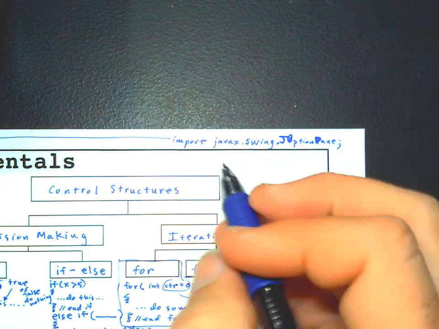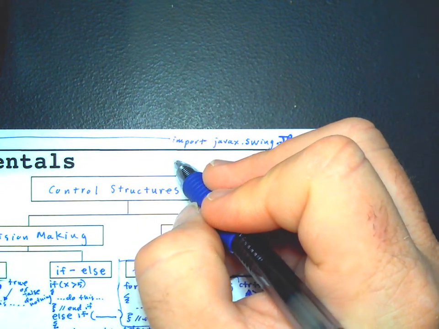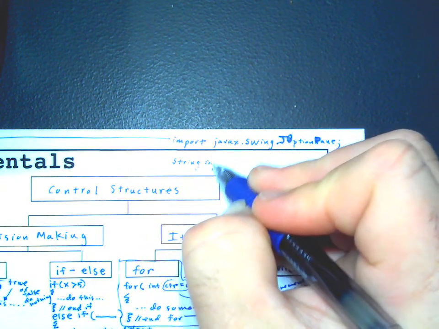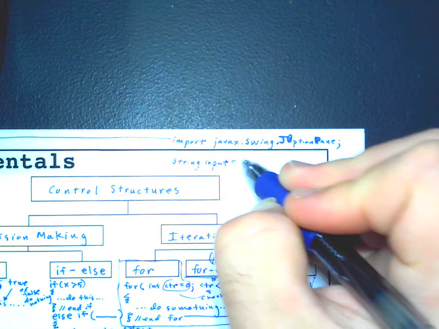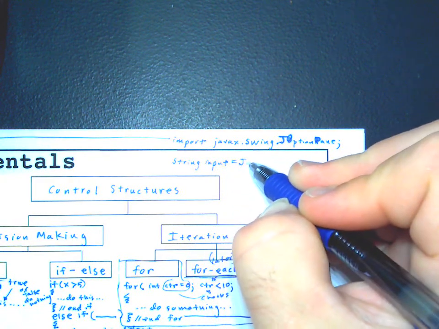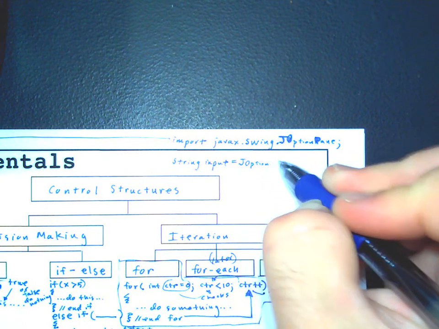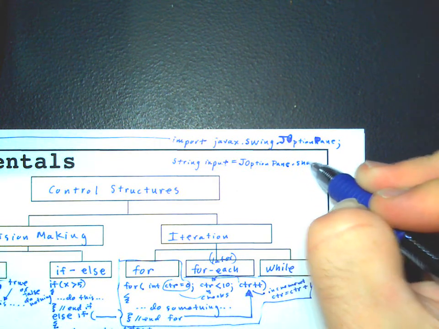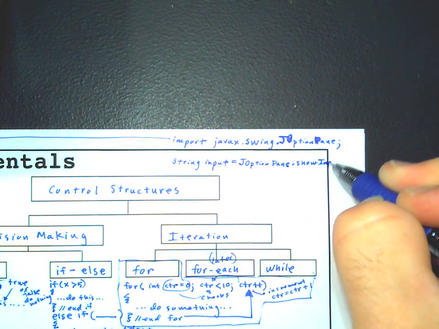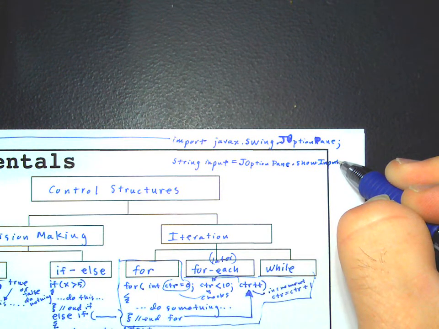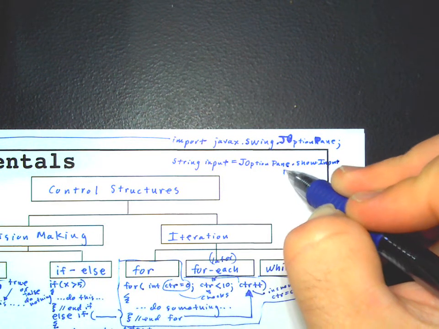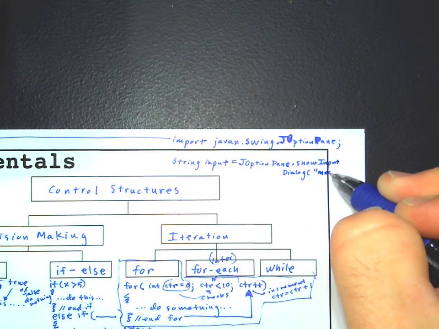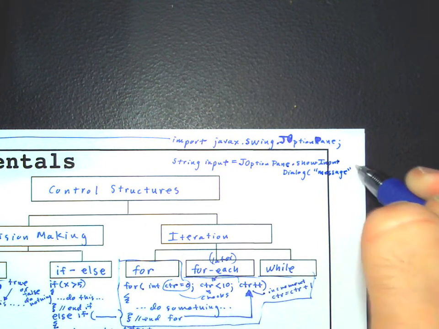And then just some other notes about using JOptionPane. Inside, you might create a variable input to get the value from the user. And the way you get the value from the user is you say JOptionPane.showInputDialog, and then you put some kind of message in there that you want them to see that tells them what to give you.